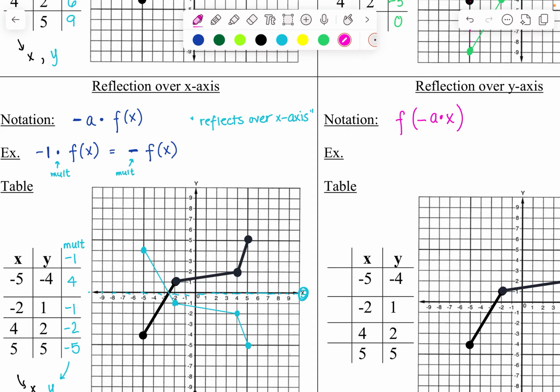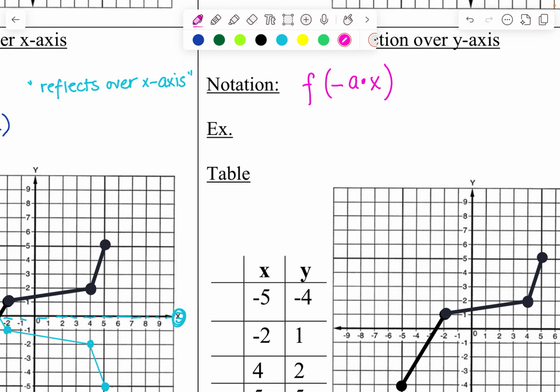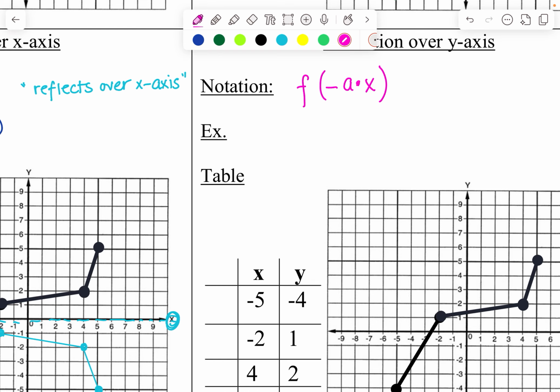So whatever's happening to x, we're going to make sure that we make it happen to x on our table. So an example here would be f of -1 times x, which is equal to f of -x. So I'm showing you that we do not need to write -1. We can just put a negative sign in front of our x and call it a day.